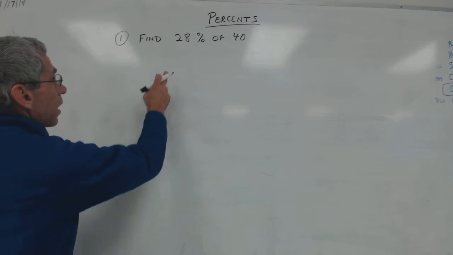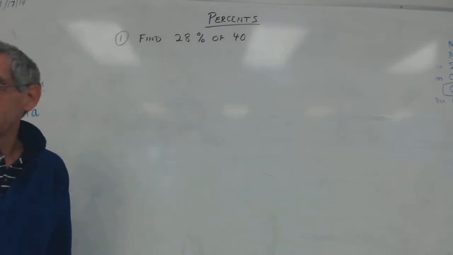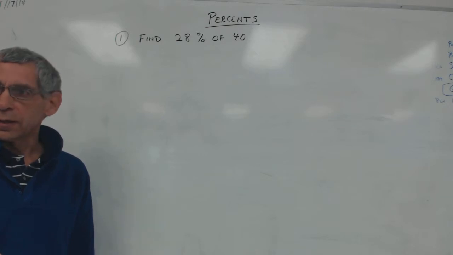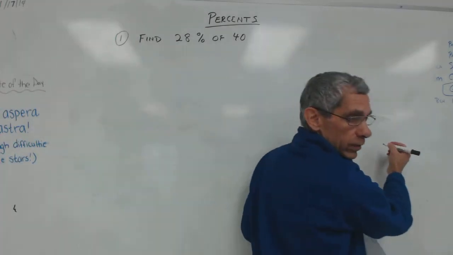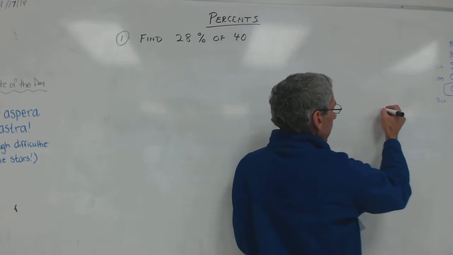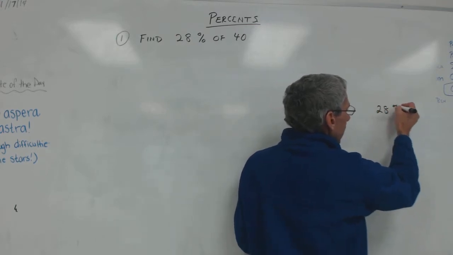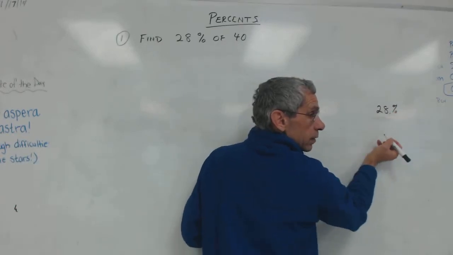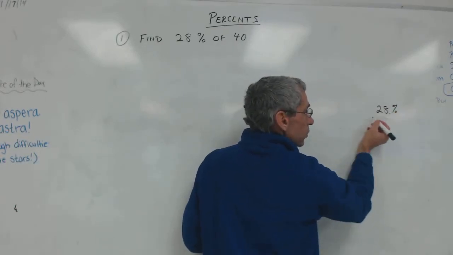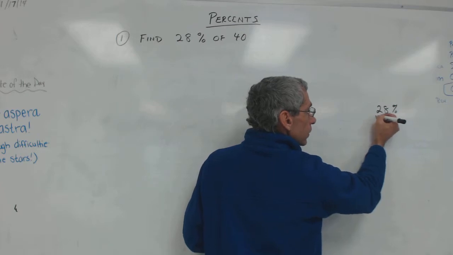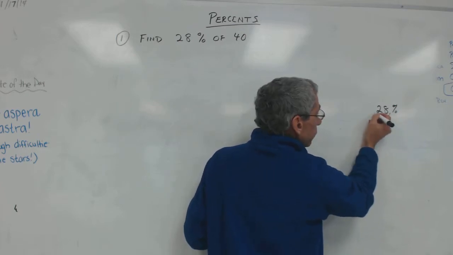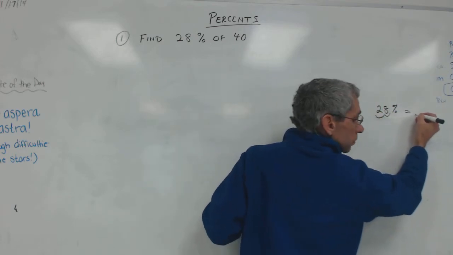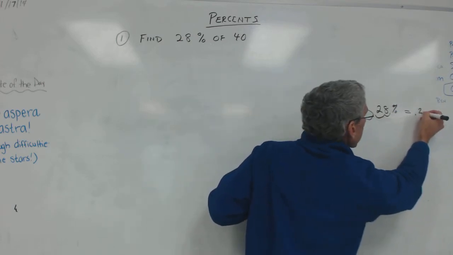So how could I write 28% as a decimal? Does everybody know that process? Is anybody confused? Let's just talk about that briefly. If you have 28% and I want to turn that into a decimal, right now the decimal is here, and to turn it from percent to decimal, all I have to do is move it to the left 2 spaces and put the dot there. So 28% is the same as 0.28.